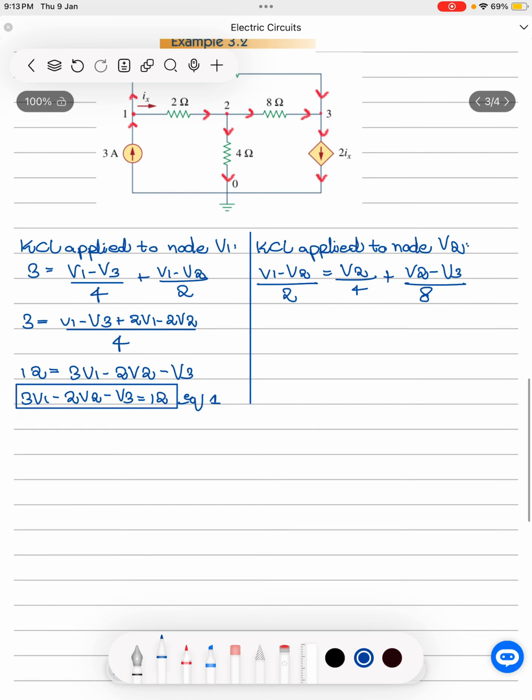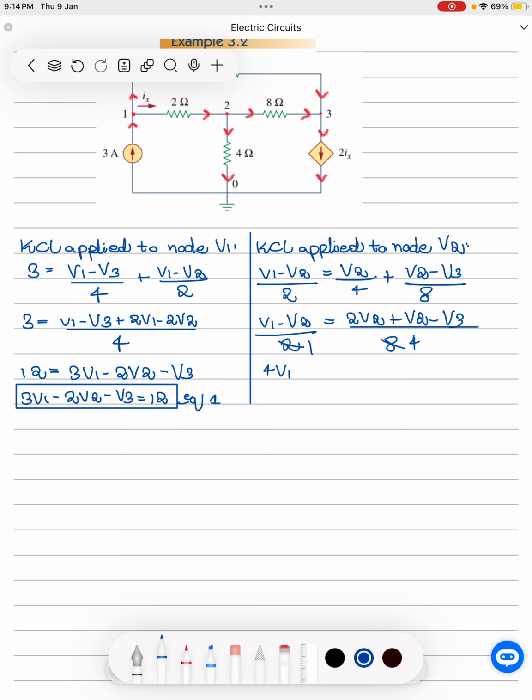Okay, now let us simplify this as well. (V1 minus V2)/2, taking LCM: 2 1s are 2, 2 4s are 8. This would be 4V1 minus 4V2 equals 3V2 minus V3.